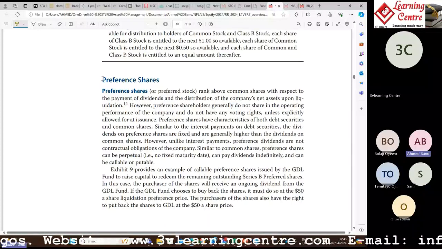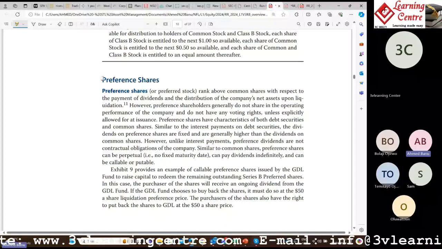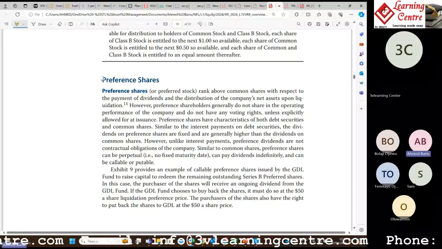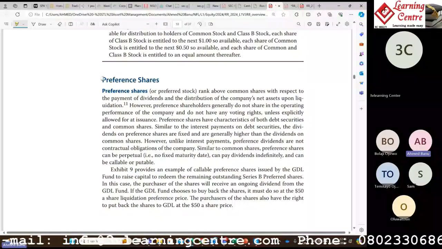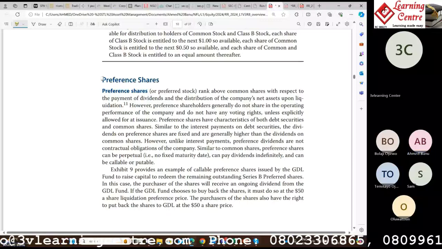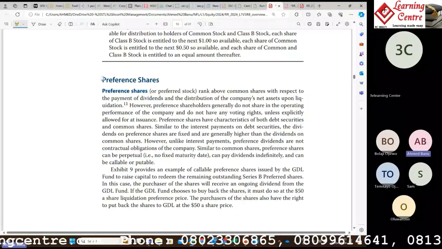There's a contractual agreement that a fixed amount will be paid regardless of earnings. So if the company wants to pay dividends, it must first pay preference shareholders their fixed amount before it pays ordinary shareholders what is entitled to them.